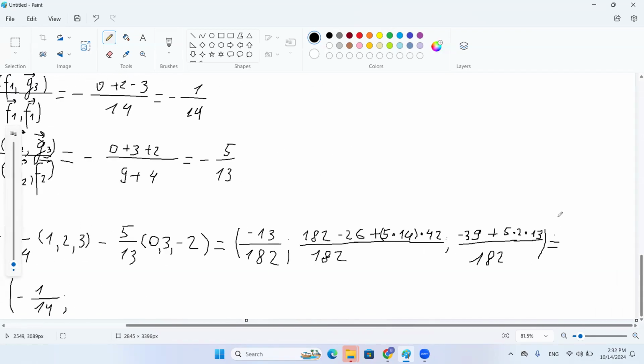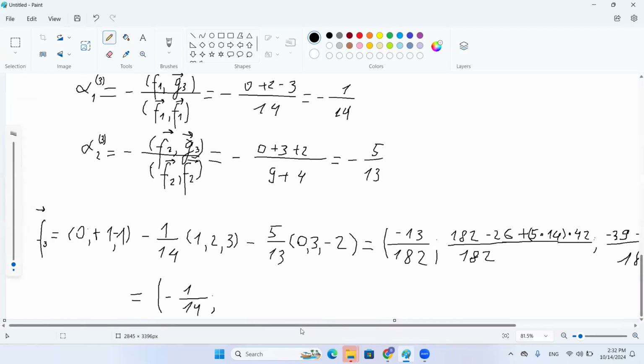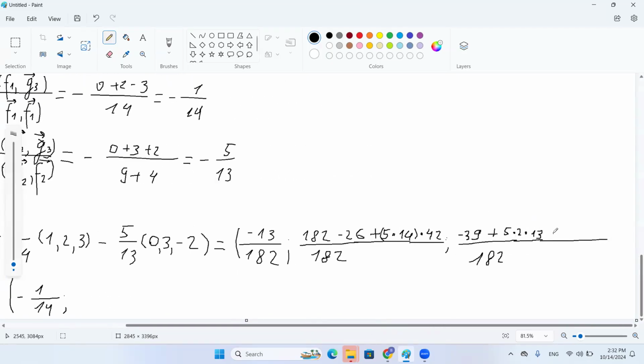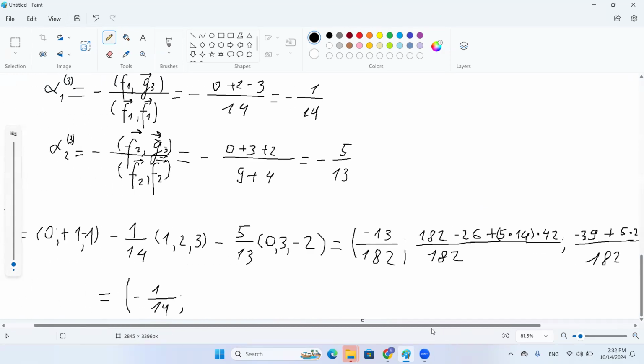Yeah, and I forgot the first vector in this expression. So minus 182. I guess you don't like fractions as well.